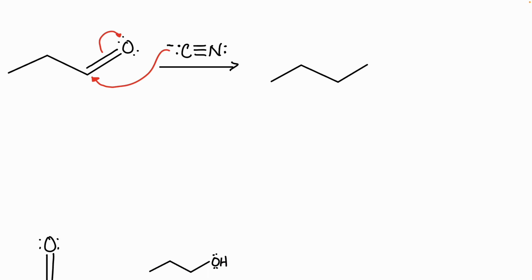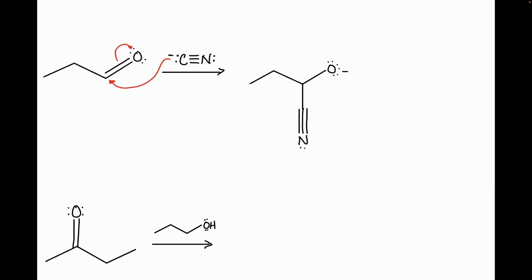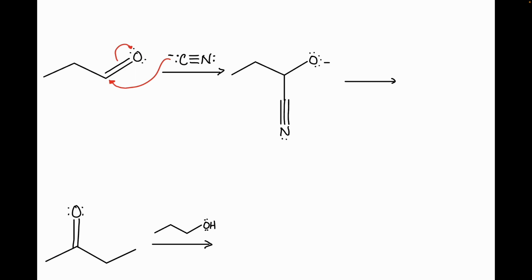Okay. So in this reaction, I didn't ask you to do the mechanism, but if we want to do the mechanism, our first step is that nucleophilic attack. We create that alkoxide ion. Is this reaction going to be, I guess I should ask you this first, basic conditions or acidic conditions? Basic conditions. And so typically how this would be carried out would be using a mixture of, for example, sodium cyanide.